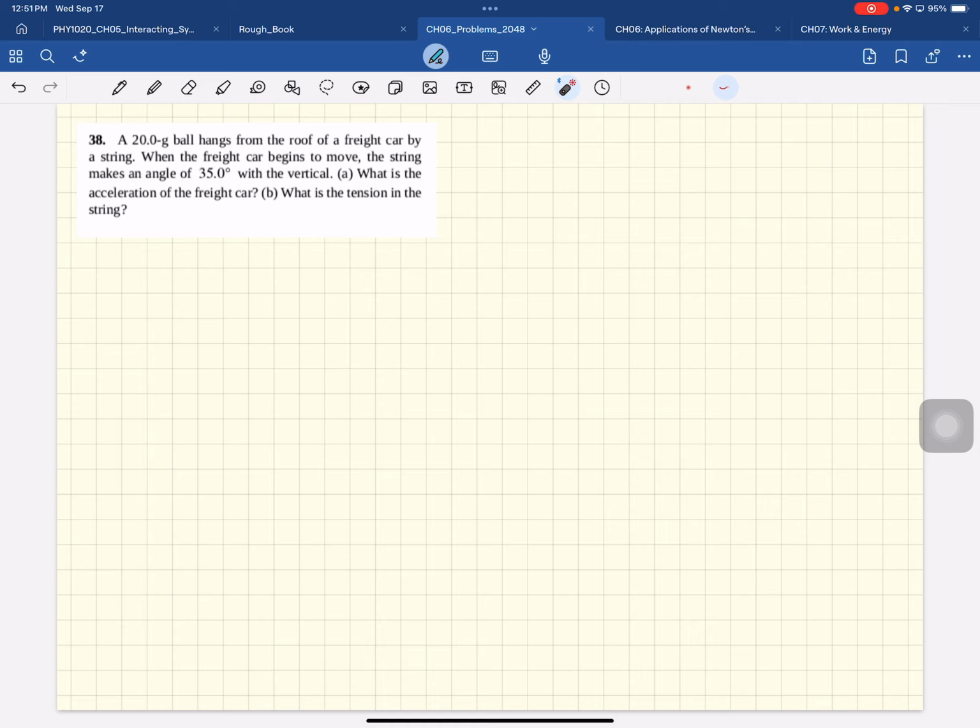So some of you might have things hanging from your rear view mirror in your cars, and those can be accelerometers. Your phones have an accelerometer as well. So if your car is going at constant velocity, anything hanging from the roof will be hanging vertically down.